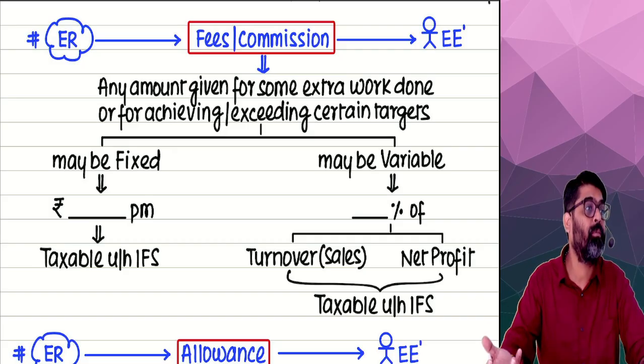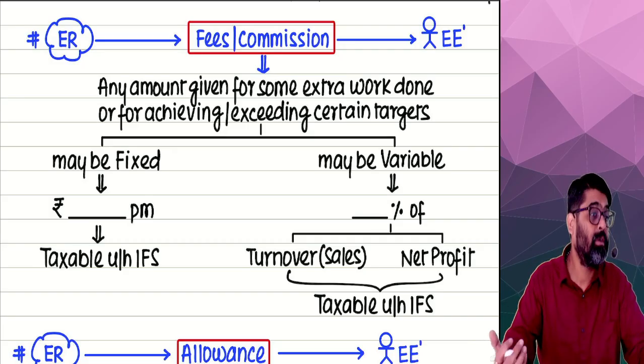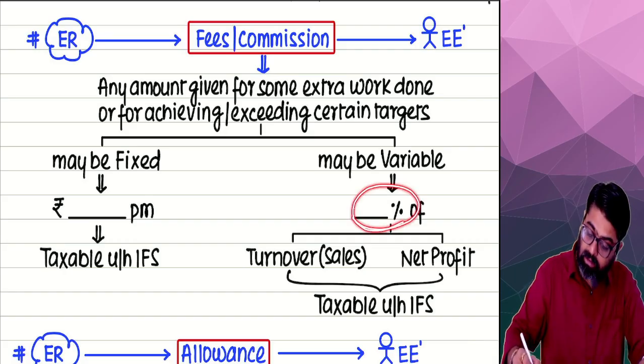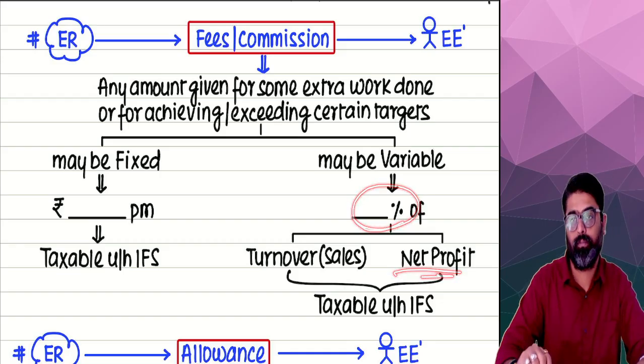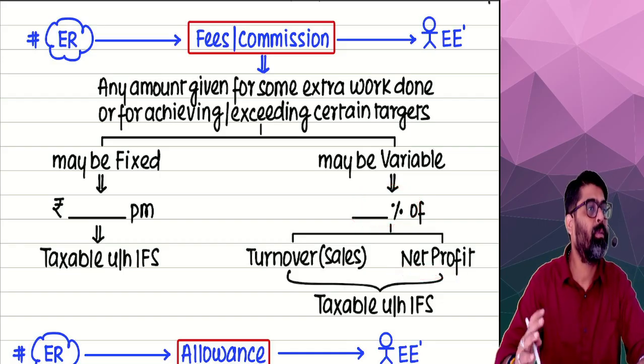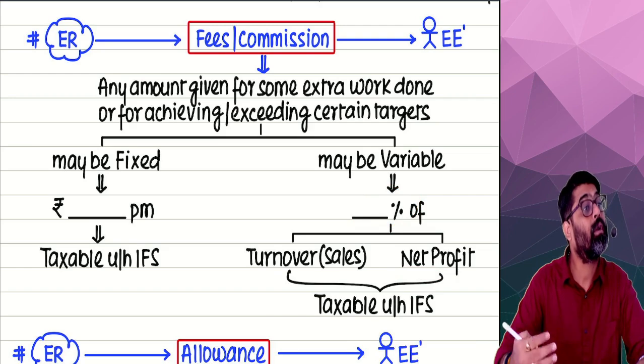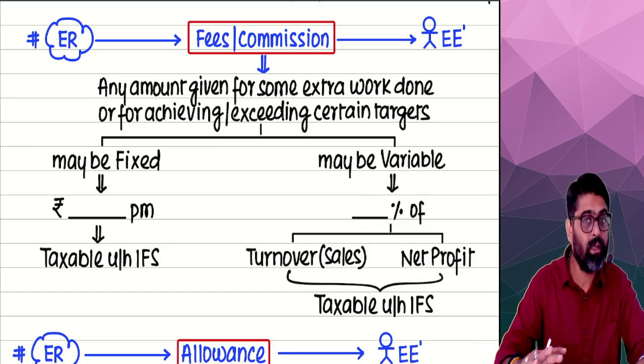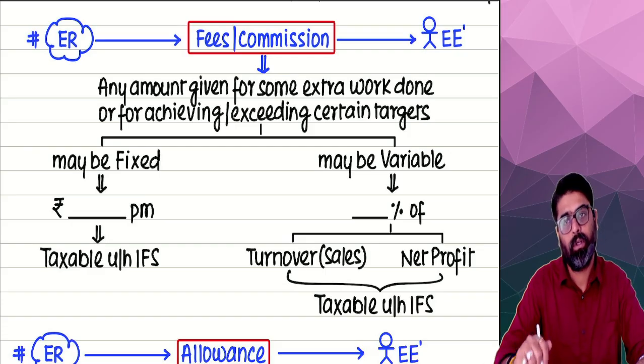The more profits the company earns, the more commission you will get. Because that is also a percentage of the profits. If the profits are increasing, your commission will also increase. If the profits decrease, your commission will also decrease.